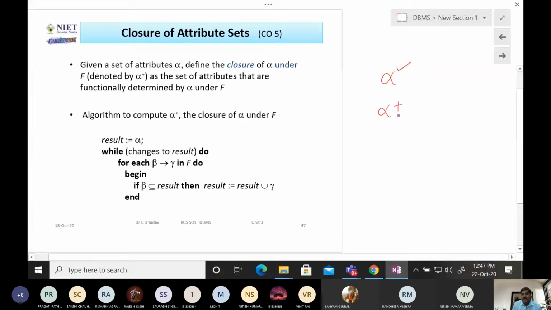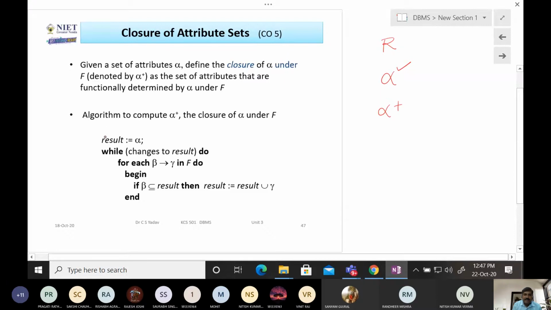And if alpha determines all the attributes of R, then this alpha is a super key of R. And if there are no extraneous attributes in alpha, then that alpha is called a candidate key.